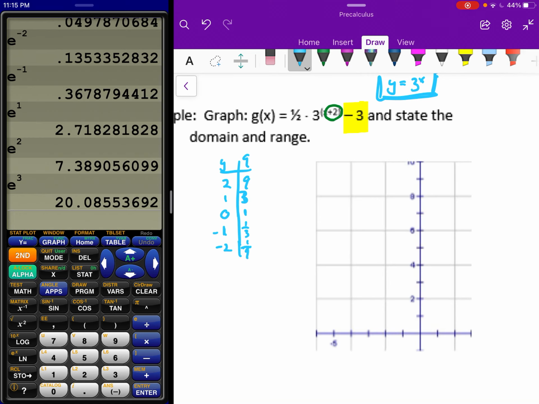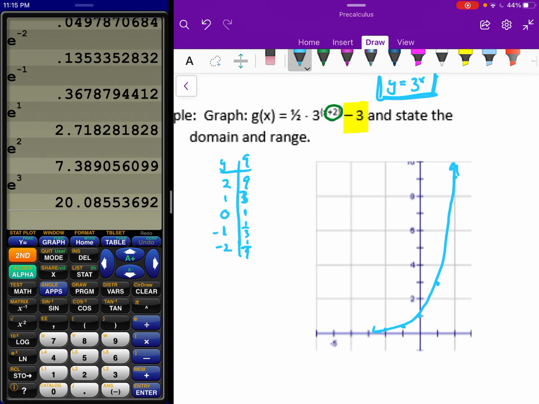So here's a graph of this bluish function here. Negative 2 is at 1/9. Negative 1 is at 1/3. 0, 1. 1, 3, and 2, 9. So there's that function. All right, let's take a look at what happens with these transformations here.